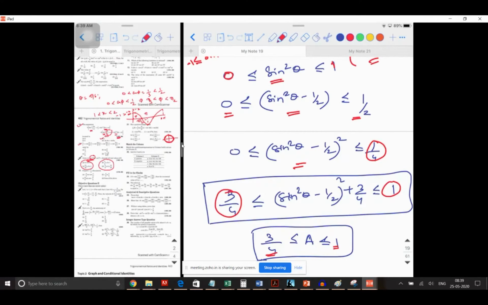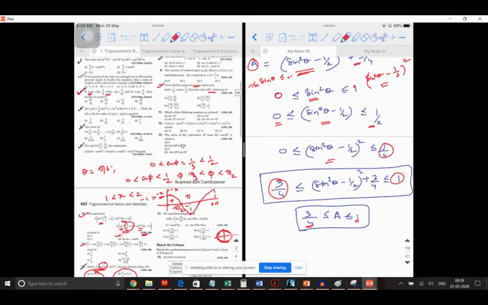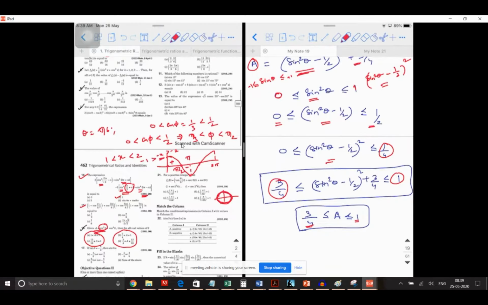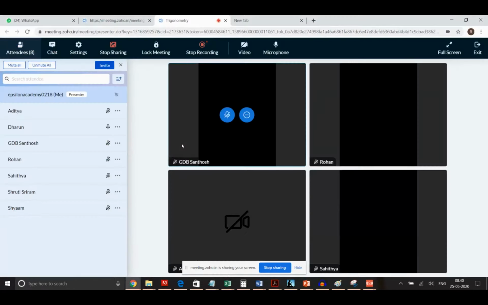So what option is there? So 3 by 4 and 1. So option B is the right answer. So is it clear, or is there any clarification that is needed? You understood how to handle this kind of a... Okay.